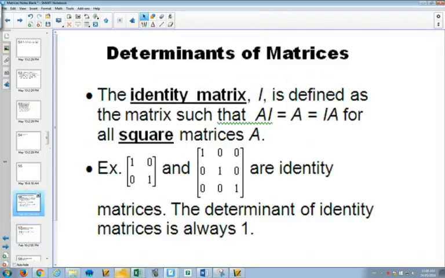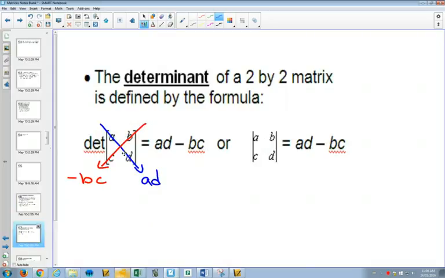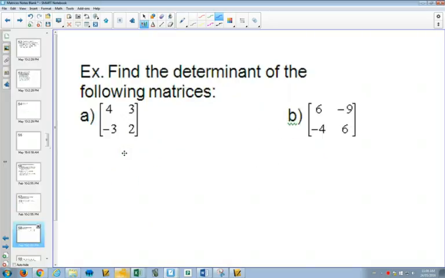So if we go back here, if you multiplied this way, you'd get 1. If you multiplied this way, you'd get 0. And if you subtracted those two, your determinant would be 1. So I'd like you to find the determinant of these two.